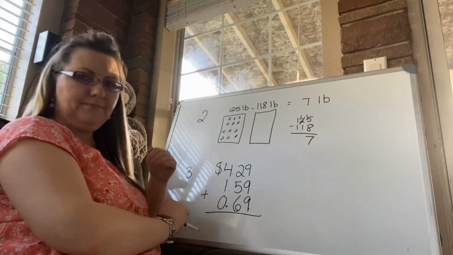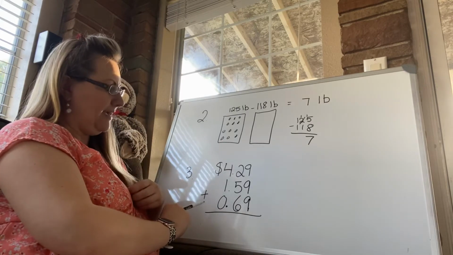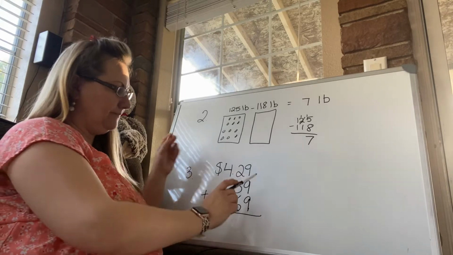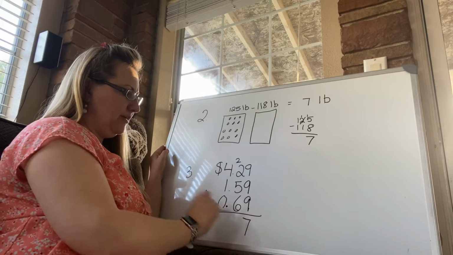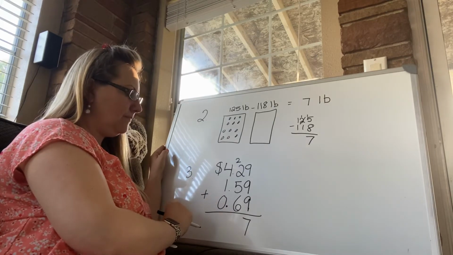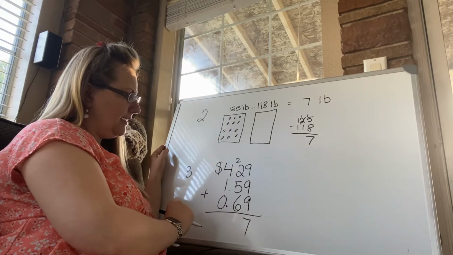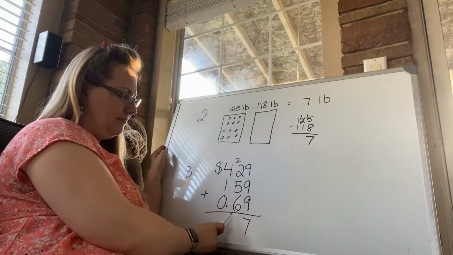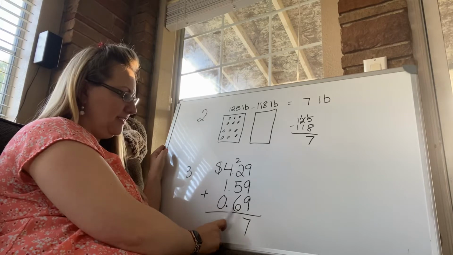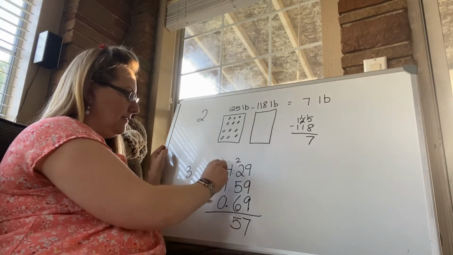Let's see. What is 9 times 3? All right, we're going to put down, carry a 2. We're going to put down that 7. Then let's see. We have 2 plus 2 is 4, plus, I'm going to jump to the 6, makes 10, plus 5 is 15.